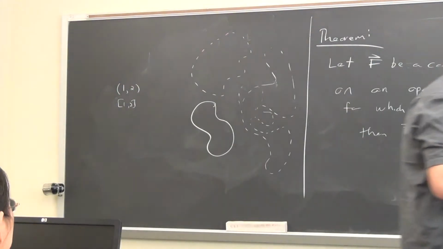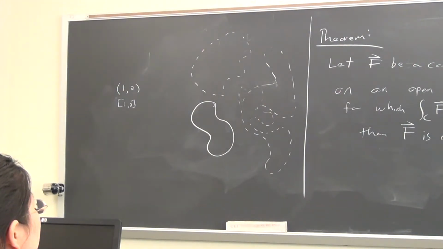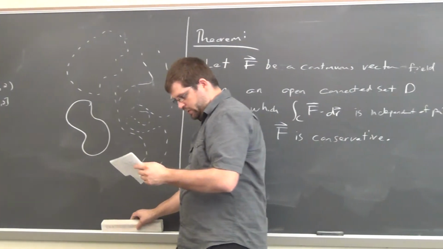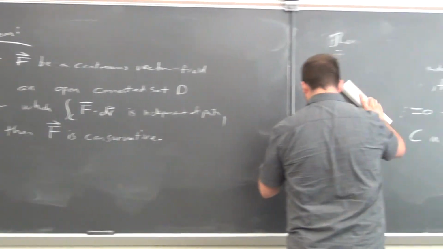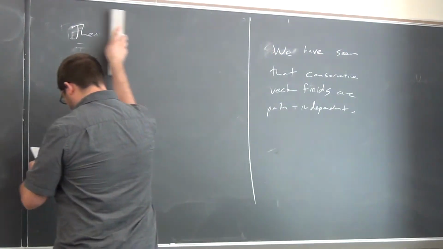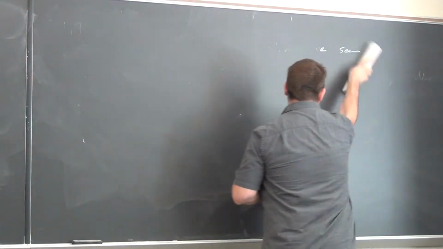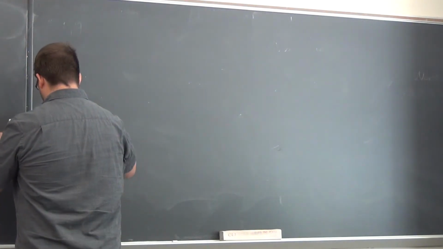And so that's the idea. There'll be ideas of simply connected later on that we won't worry about right now. But let's just use this theorem. All right. Let's do this first. I want to prove something.